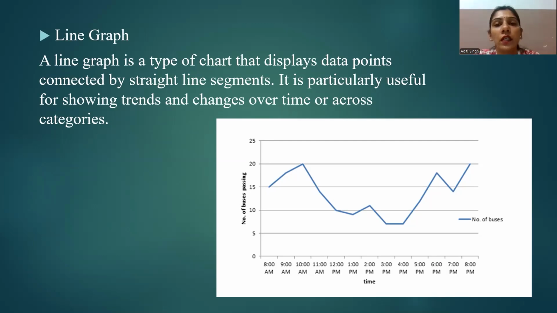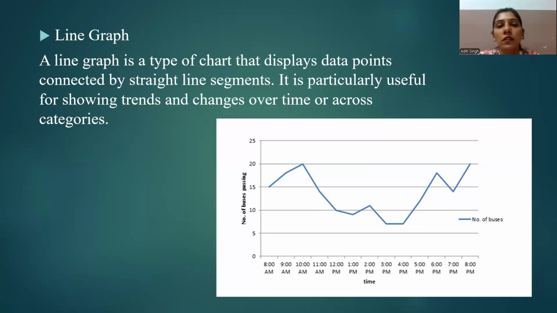In a simple line graph, we plot each pair of values x and y. Here, the x-axis denotes the various time points and the y-axis denotes the observation based on the time. So this is how a line graph is drawn.